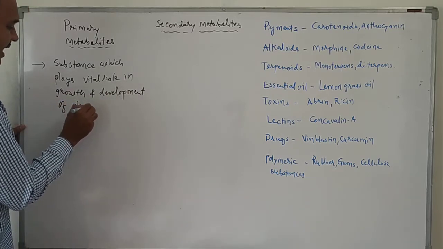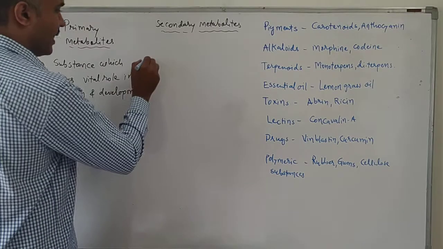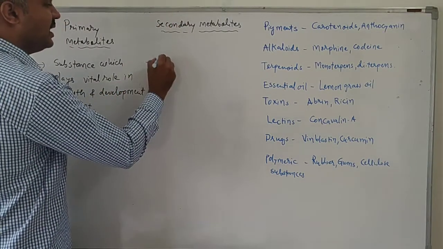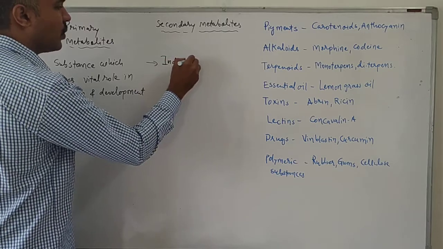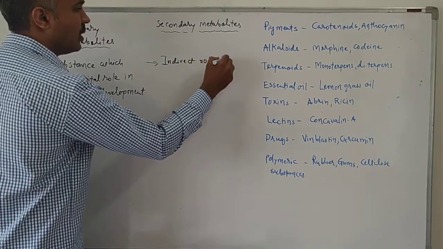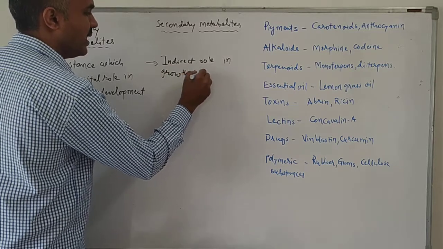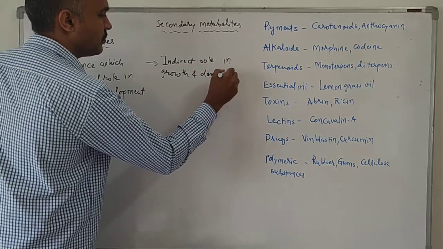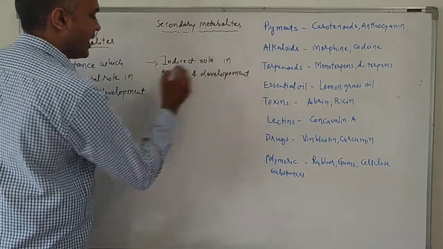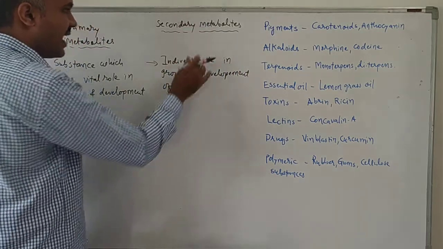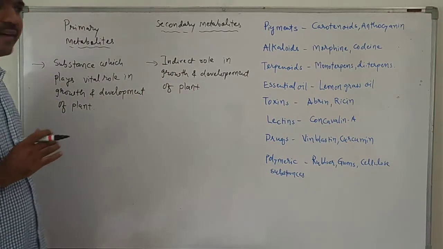Whereas secondary metabolite is that substance which has an indirect role in growth and development of plant.